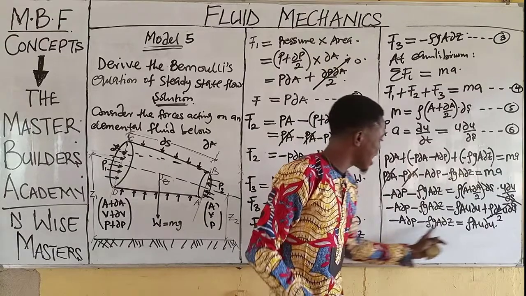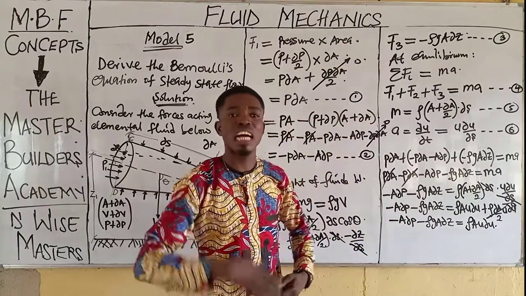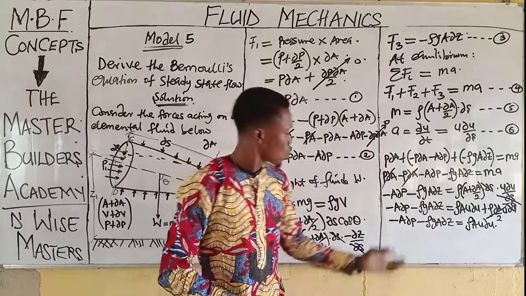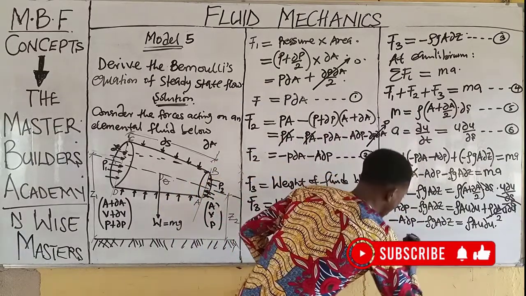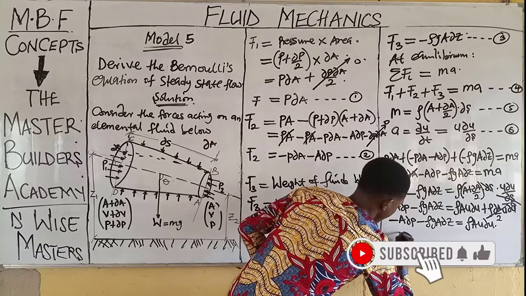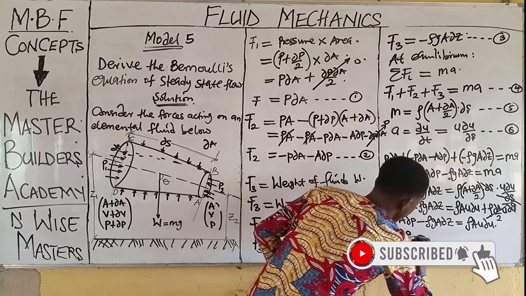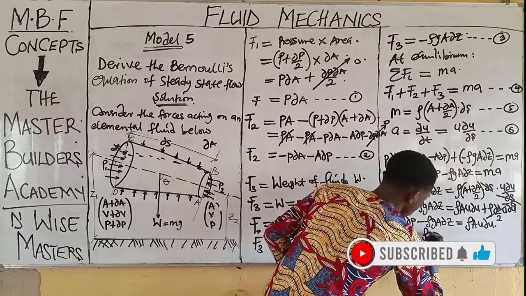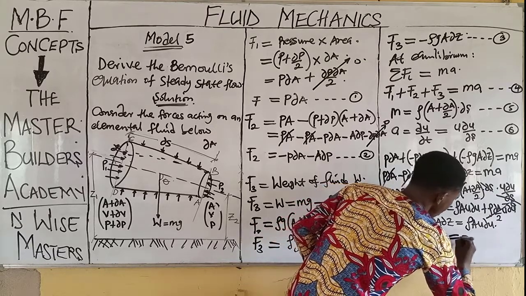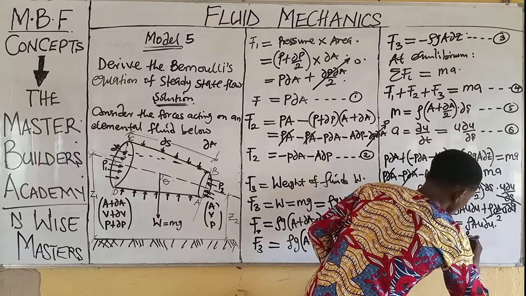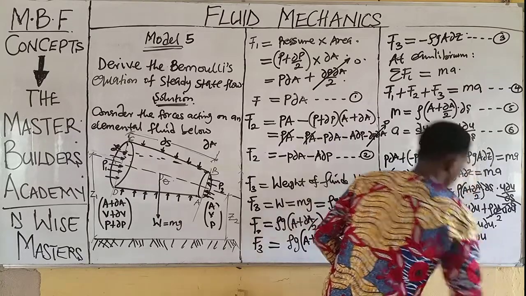Now, when we look at the left-hand side and the right-hand side, we find out that A is common. So we divide all through by A. And when we divide all through by A, we have this as negative change in P minus rho G change in Z is equal to rho U change in U.